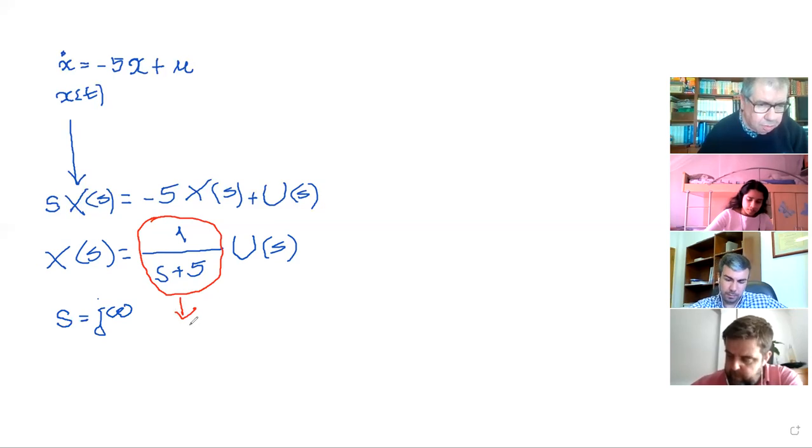This would be 1 over j omega plus 5, and the static gain of the system is the modulus of this quantity.